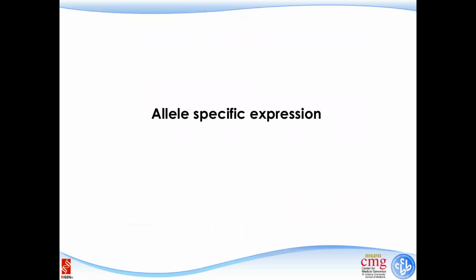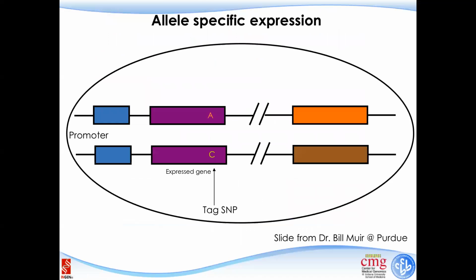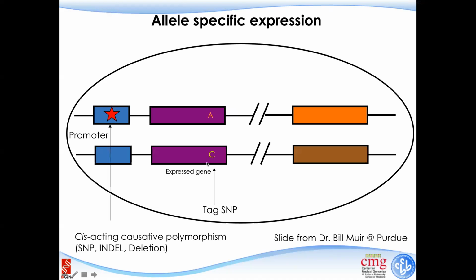And the second topic I want to introduce here is allele-specific expression. By the simple definition, for one gene, one allele has a different expression level compared to the other one, and it can be seen if the gene carries a certain non-synonymous SNP in its exon, in its coding region.